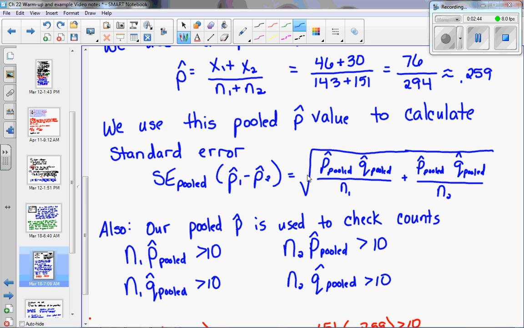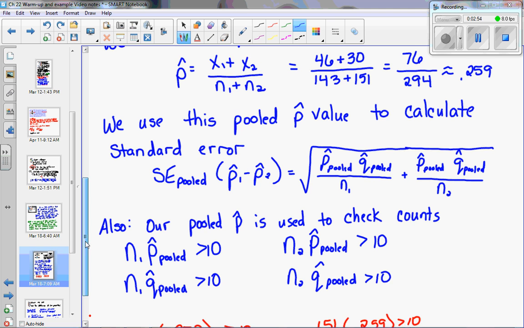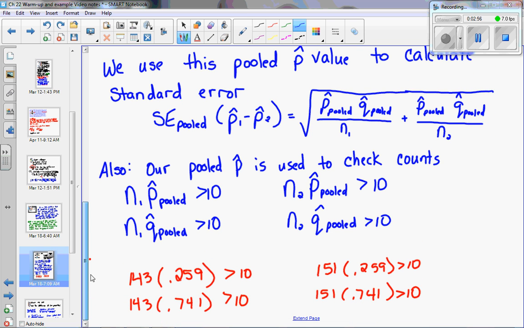So we're going to use the pooled p hat value and the pooled q hat value. So this becomes my standard error. Now another slight difference for a significance test is when I check my counts. Because I'm assuming the pooled value to be the true sample proportion, I'm going to use that for checking my conditions.